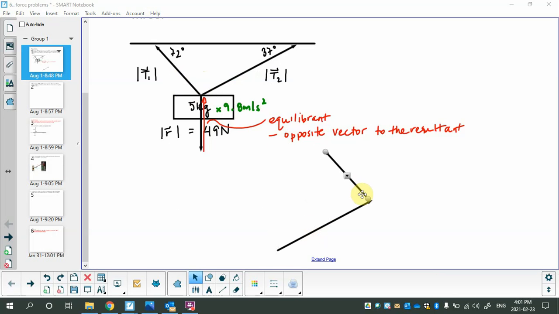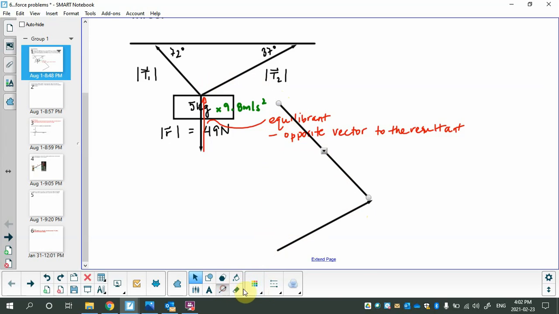And what we have to do is kind of fake the picture a little bit, meaning that you've got to make sure that this one is long enough, because remember, I didn't draw this to scale, but you have to make this one long enough that the tip of this one is over the tail of the original. So you're basically adding vectors together.